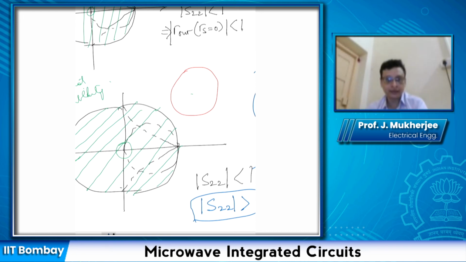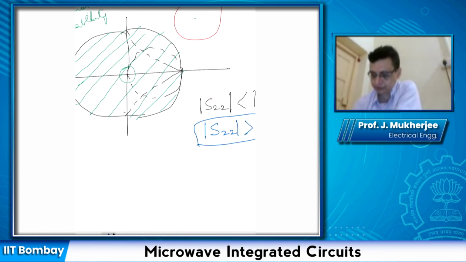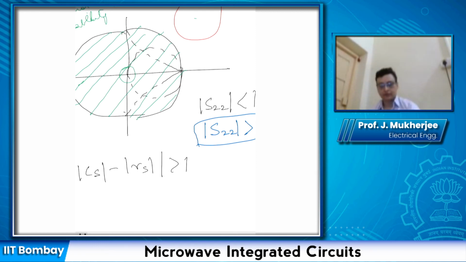Now we can graphically develop a condition. So the condition is that suppose magnitude of CS minus magnitude of RS, if this is greater than 1 for S22 lesser than 1.